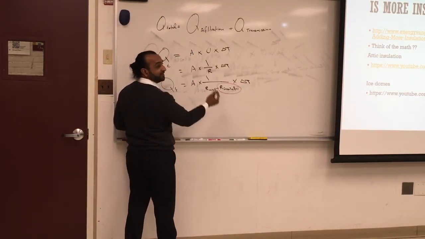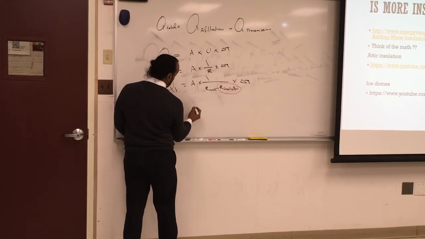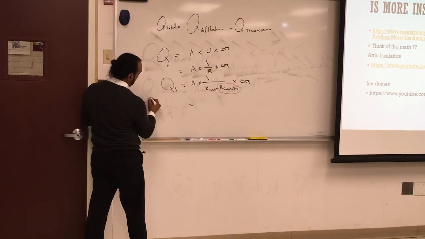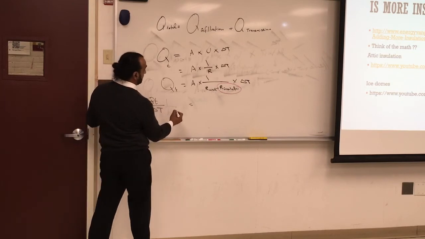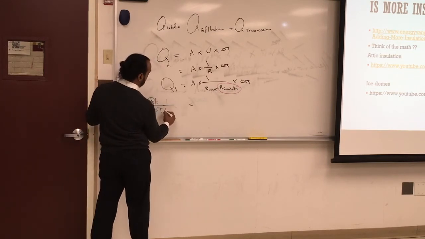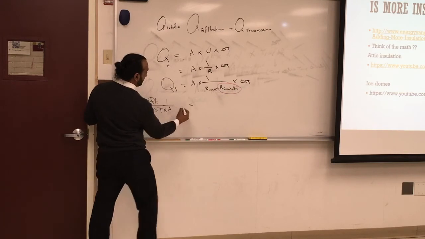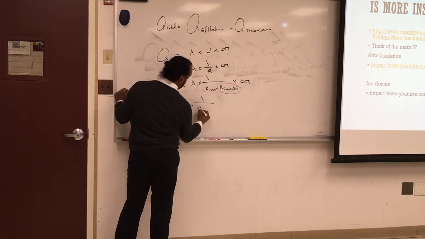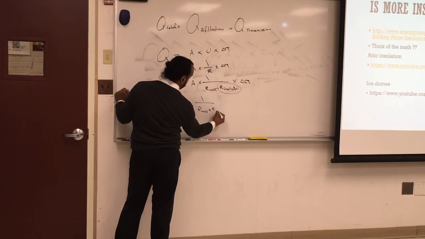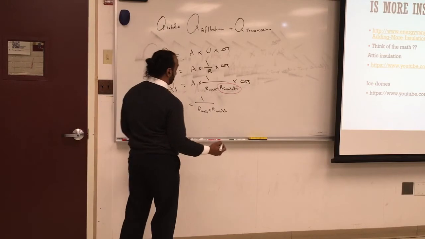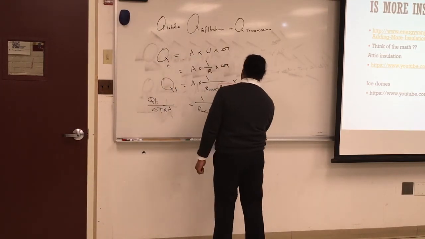So I have to move everything else to the other side. By doing that, I get Q total divided by delta T and divided by area. Okay, going to flip both of them.